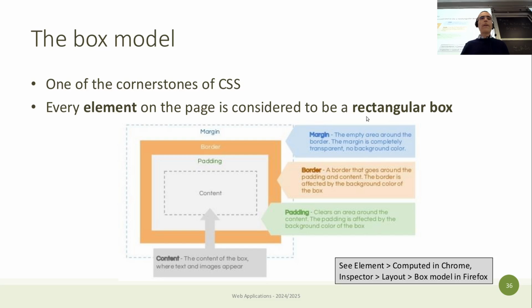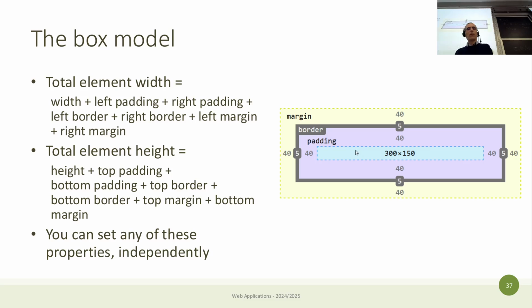You just need a selector to identify the elements, and then a property that will specify the padding or the border and so on, and you can make them appear. So the box model basically says that the size of the element is the width of the element plus the padding, the border, and the margin, etc.